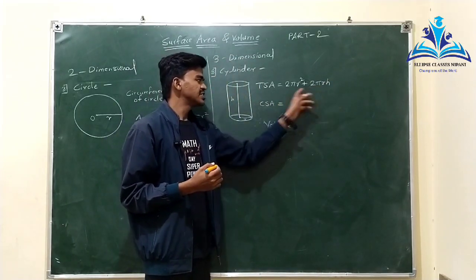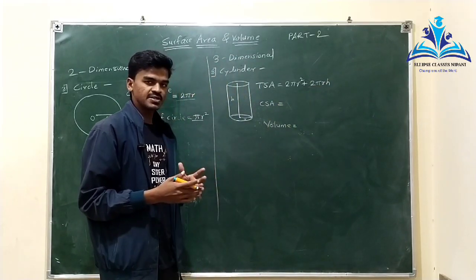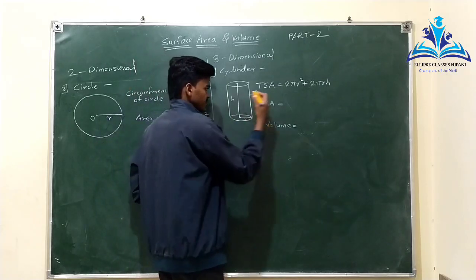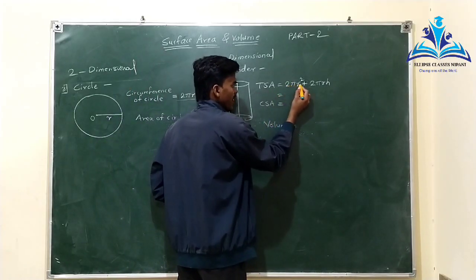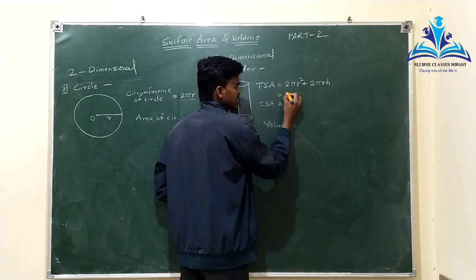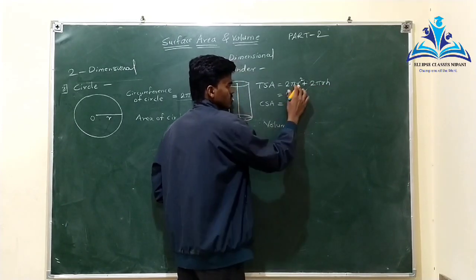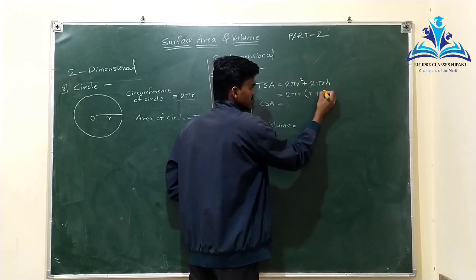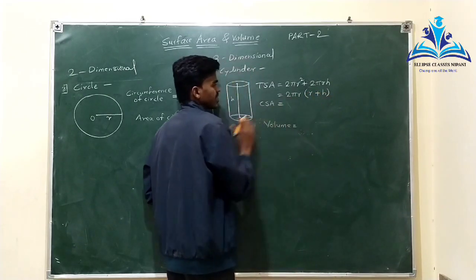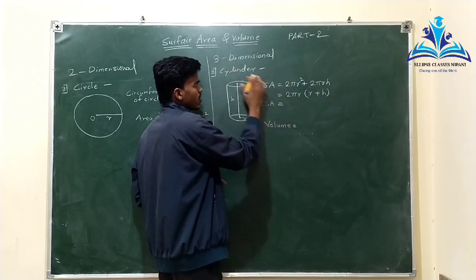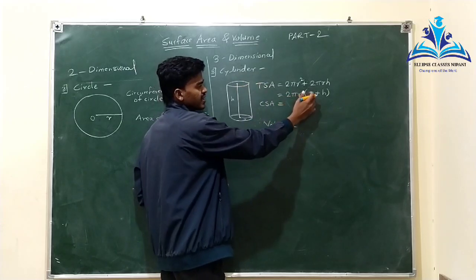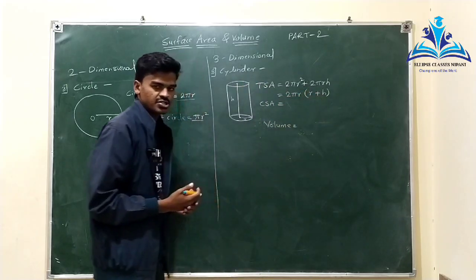After finding these two, we get the total surface area formula. 2 pi r is common, so 1 r is here plus 1 h is here. That means the total surface area of the cylinder is 2 pi r (r plus h).